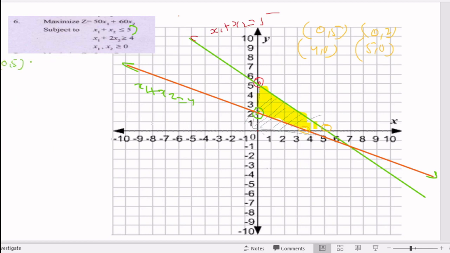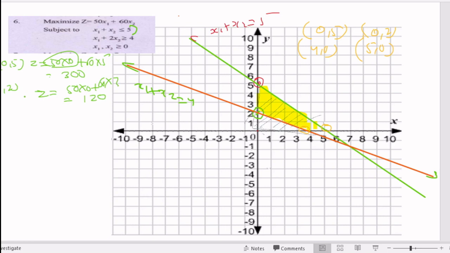Let's substitute in the above equation. So z equal to 50 into 0, 60 into 5. So it will be 300 because this portion will be 0. Next point 0, 2. So z equal to 50 into 0, 60 into 2. So 120.